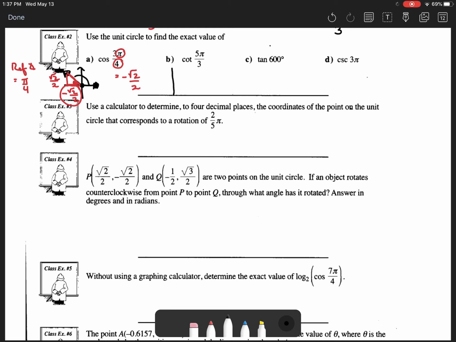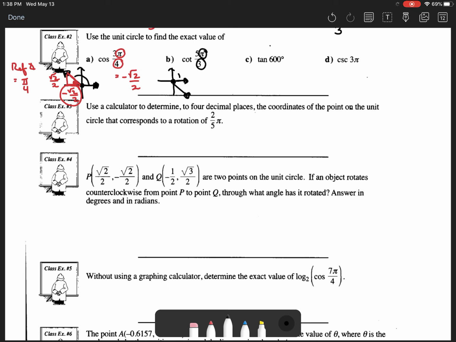When I move on to B, the rotation angle they are talking about is 5 pi over 3. It's cotangent, so I'll have to go 1 over the tangent, won't I? So when I talk about pi over 3, that's like 180 divided by 3, that's 60, times 5, that's 300. So I've got a rotation again of 300.